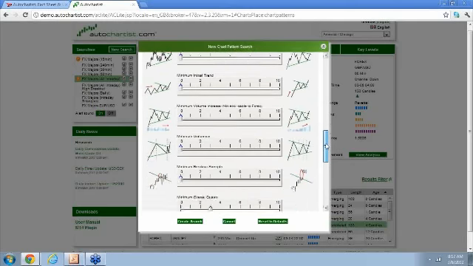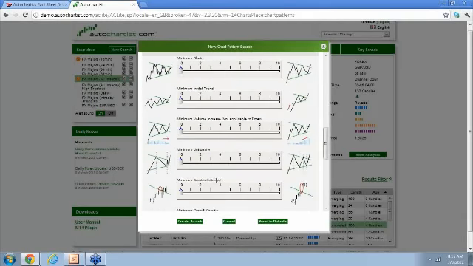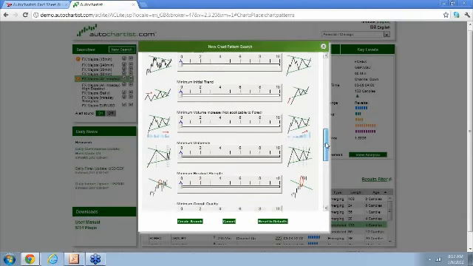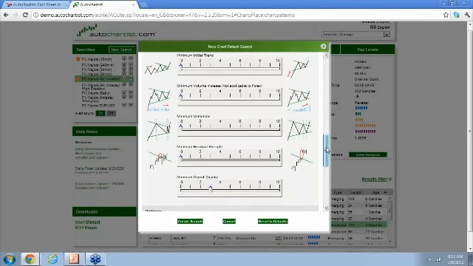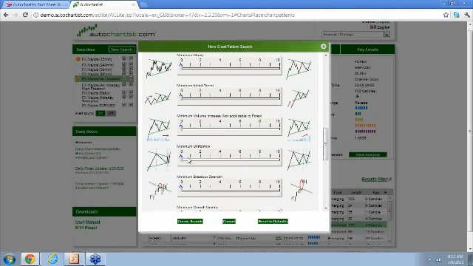I tend to set everything at a minimum because I want to be a little bit more active. But as a new trader or somebody not familiar with the program, you may want to set something like the breakout strength to somewhere in the middle, so that you're capturing some high breakout trades.